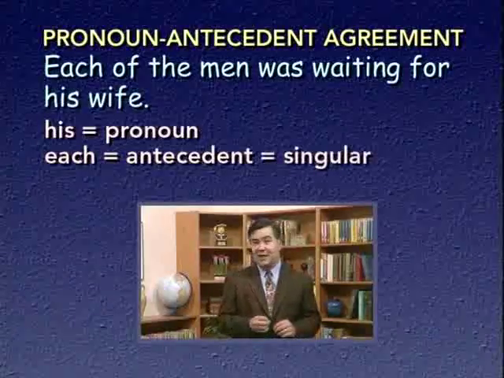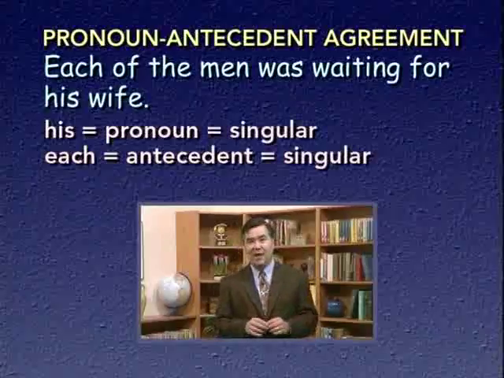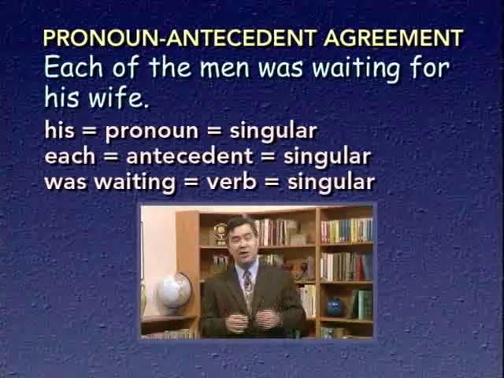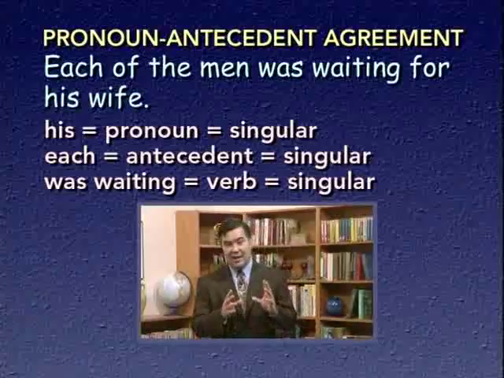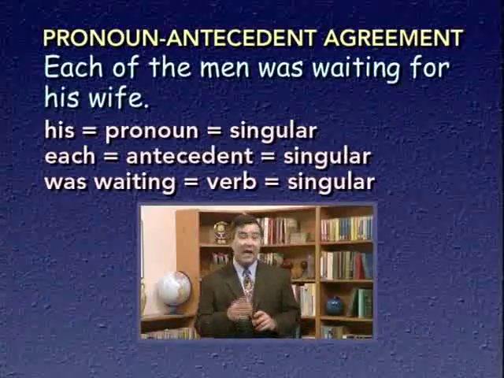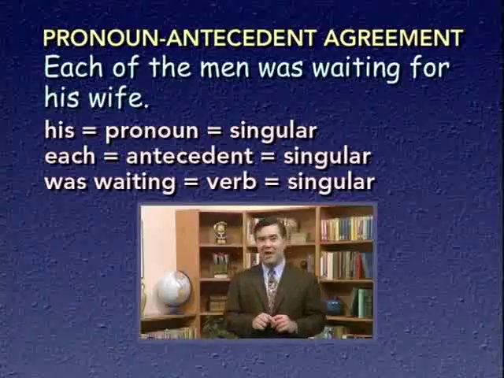Each is always singular, and therefore to refer back to it with a singular pronoun is perfectly correct. Notice, too, that the verb was waiting is also singular, and that's also correct. So the entire sentence is singular. Each is a singular indefinite pronoun. The singular verb was waiting is correct, and the singular pronoun his, referring back to each, is also correct.